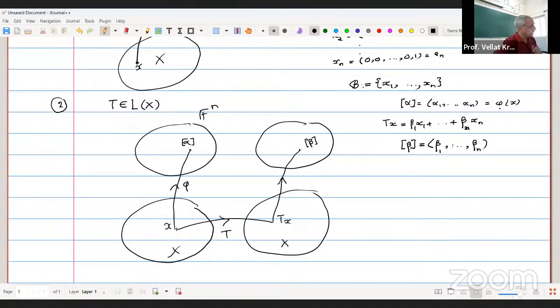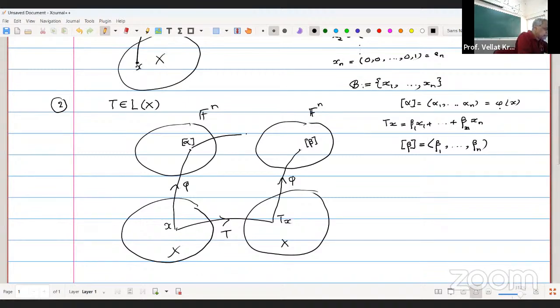Now, corresponding to alpha in Fn, you have identified a beta in Fn through this linear transformation T. So what do we have?